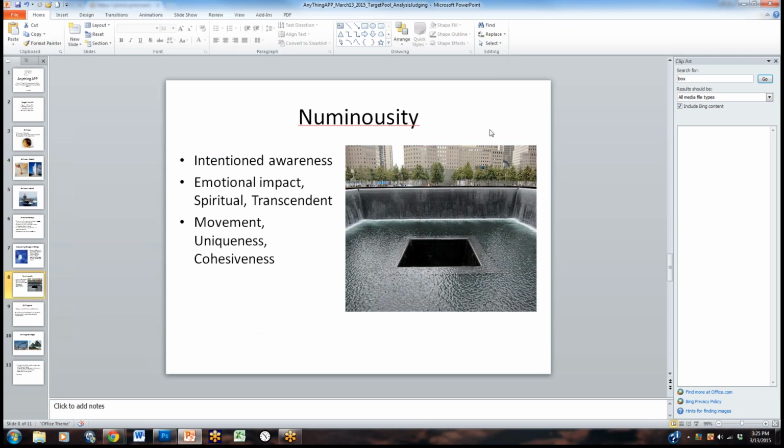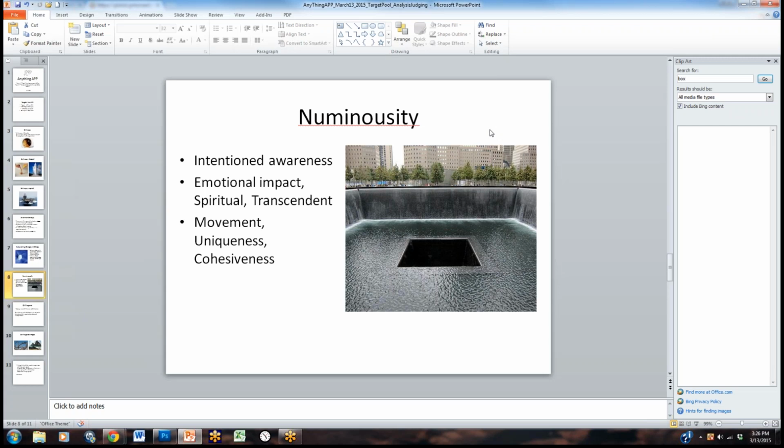Another concept with regards to characteristics of targets that is discussed with many of the great researchers in the area is numinosity, or the element of the numinous, which I'm defining as intentioned awareness, emotional impact, a sense of spiritual, transcendent movement, uniqueness, and cohesiveness with the viewer.